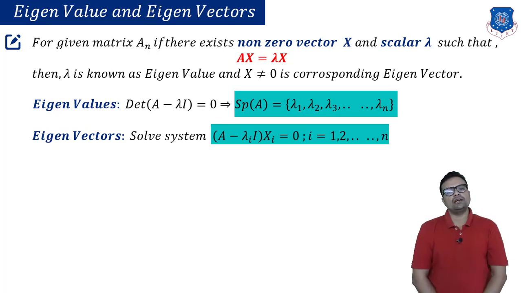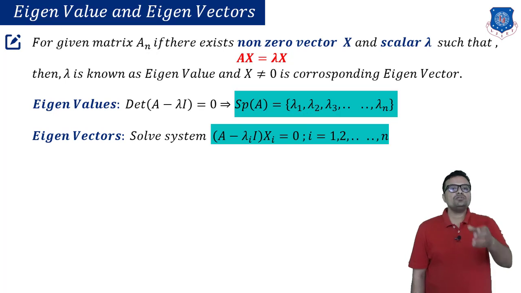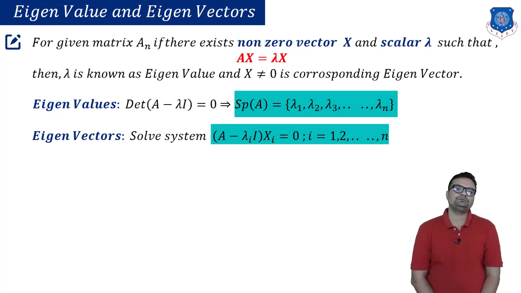Similarly you can move up to lambda n. Remember, for any n cross n matrix, there exist n eigenvalues and correspondingly n eigenvectors. It may happen that some eigenvalues are repeated and some are non-repeated. So we need to solve this system of linear equations to find eigenvectors for distinct eigenvalues.